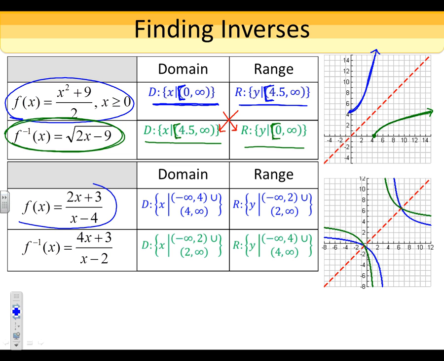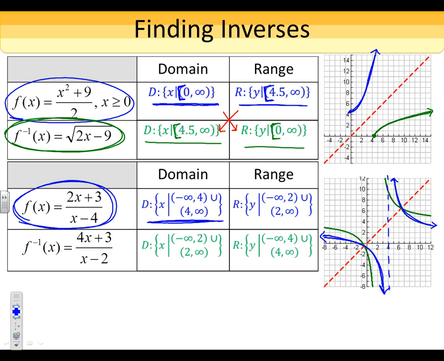So we have our original function, f of x equals (2x plus 3) over (x minus 4). The blue graph over here is what you'll be looking at for that first function. So my domain, the x values, we have a vertical asymptote at 4, which means our domain is going to go from negative infinity to 4, and then from 4 to infinity.